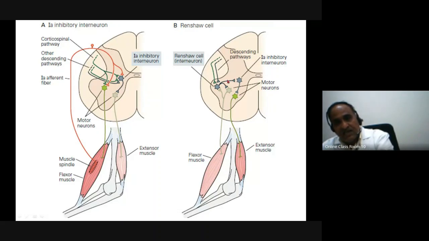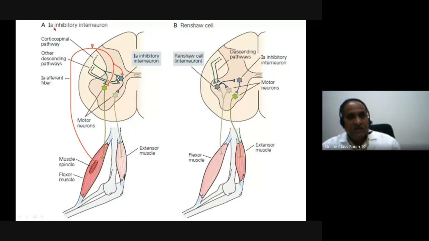So this inhibits the inhibitory interneuron of the extensor group of muscles, which is projecting to the alpha motor neuron of the extensor. What happens? Inhibition of the inhibition. That means it is facilitated. So this is inhibited and relaxed, and this is contracted. This is what the Renshaw interneuron does.